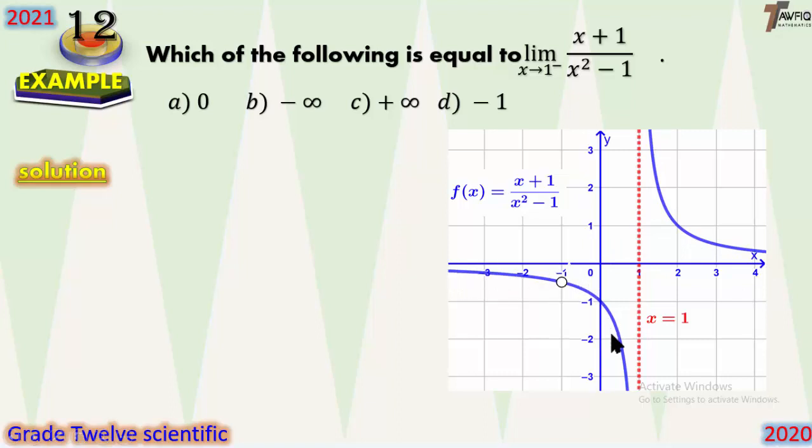Because on the left it is going to minus infinity, that means B is the correct answer. The first way, you can multiply this negative by this positive and by this positive. That means it is a negative.